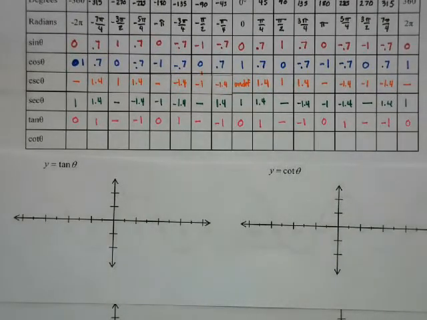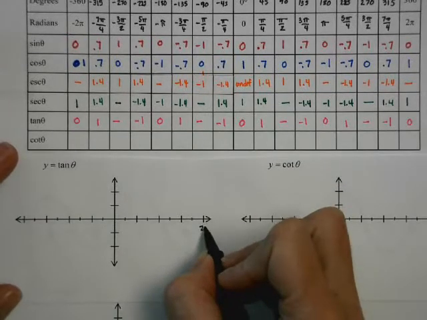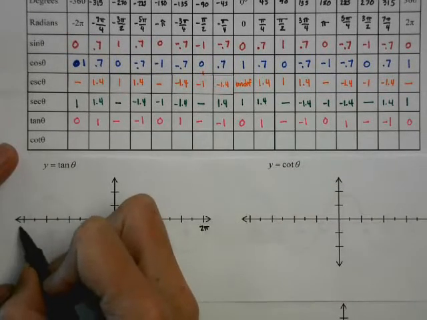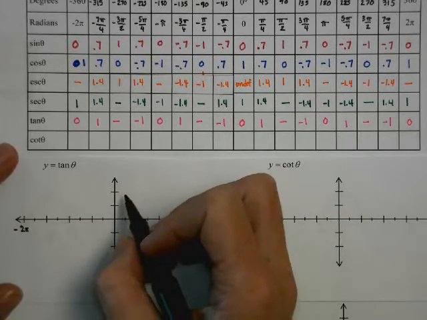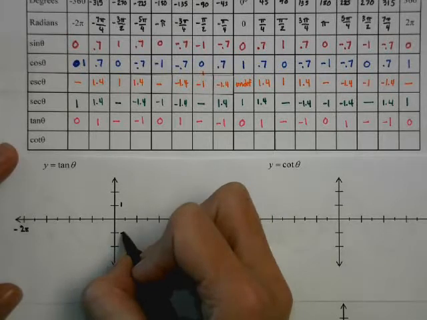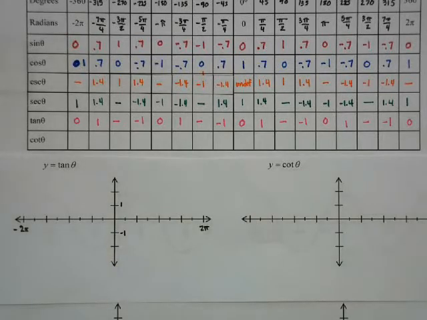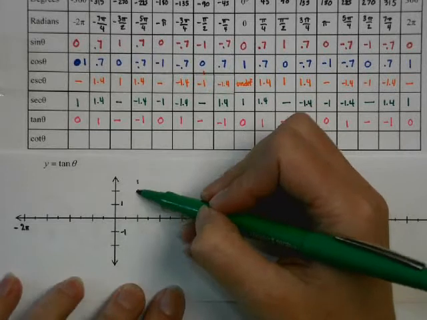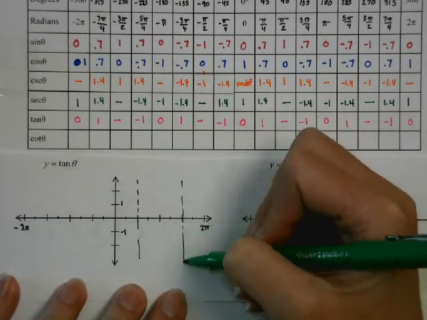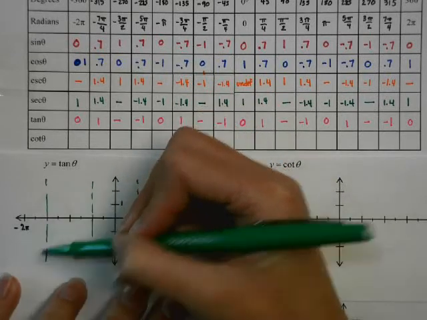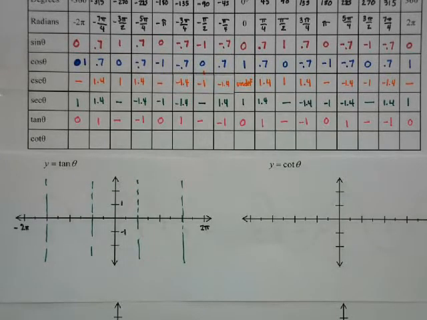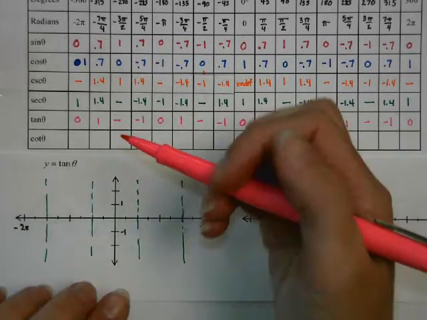So now let's graph tangent. Again, this is going to be 2 pi, negative pi. I'm going to make this 1 and this negative 1. So I'm going to start with my asymptotes. The asymptotes for tangent are at pi over 2, 3 pi over 2, negative pi over 2, and negative 3 pi over 2. Okay, so 0 is at 0.